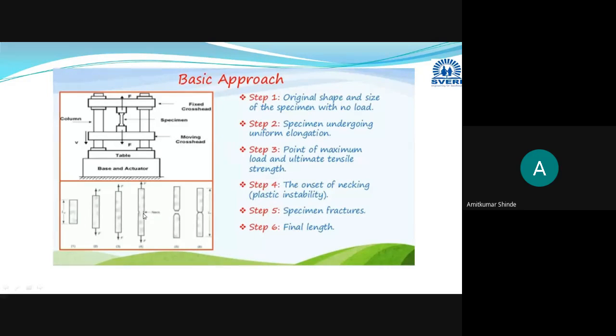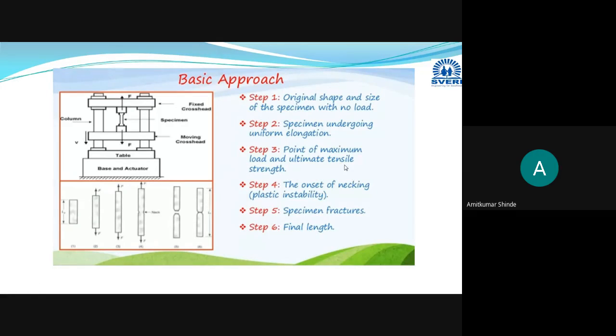Slowly the neck will be formed, and as you continue to increase the load, after some time that component will break. The point of maximum load carrying capacity before the breakage will be termed the ultimate tensile strength.